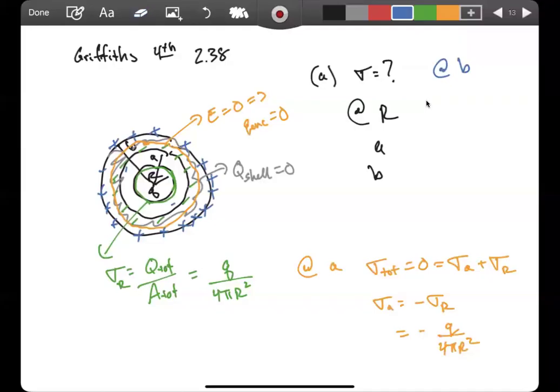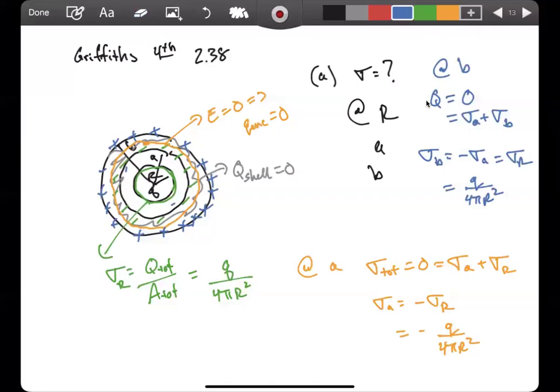So since this guy has a total charge, again, Q, which is equal to 0, I have to have that the surface charge at A plus the surface charge at B must be equal to 0, which means my surface charge at B must be equal to negative the surface charge at A, which is then equal to the surface charge at R, which means that this is simply Q divided by 4 pi R squared.